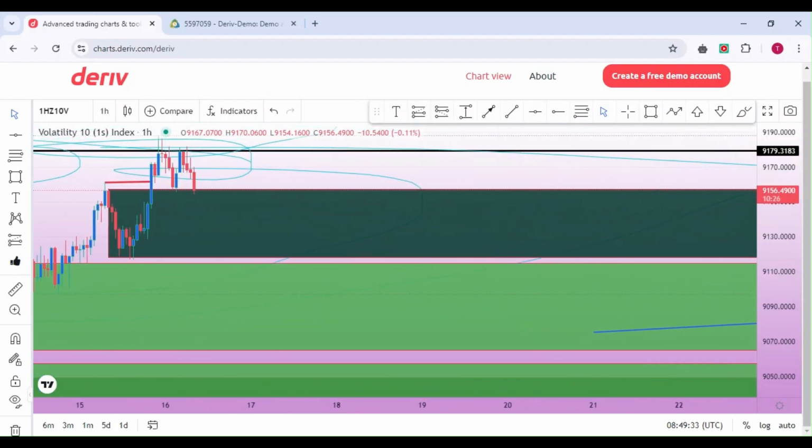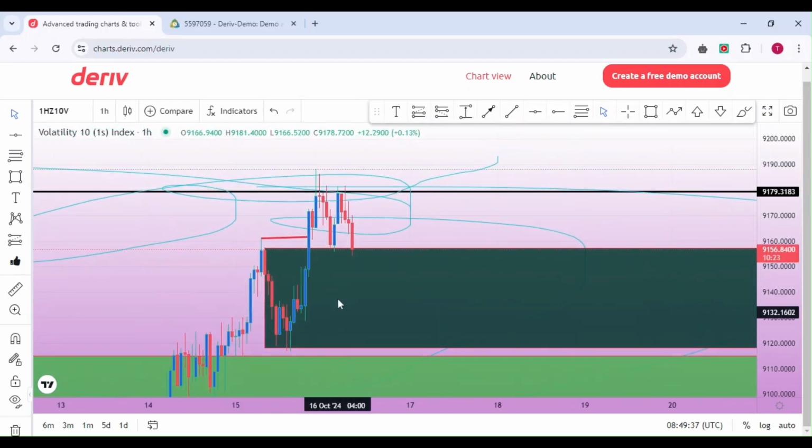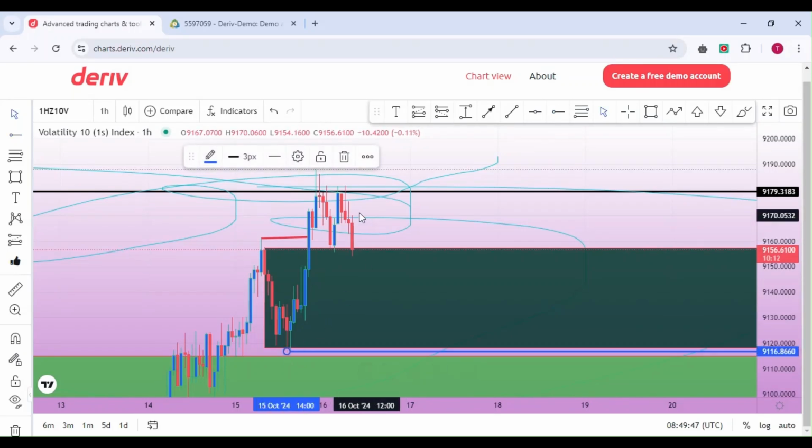So now with that concept, we already have that in mind. This now becomes our lower low, and this one was our first lower low.